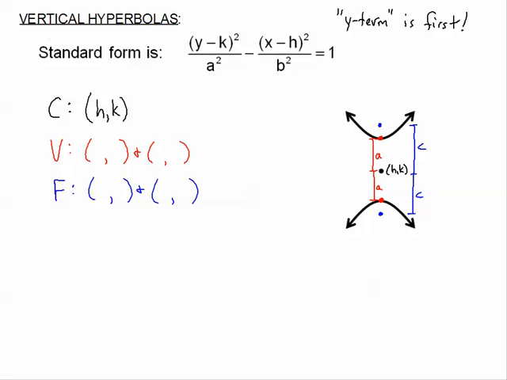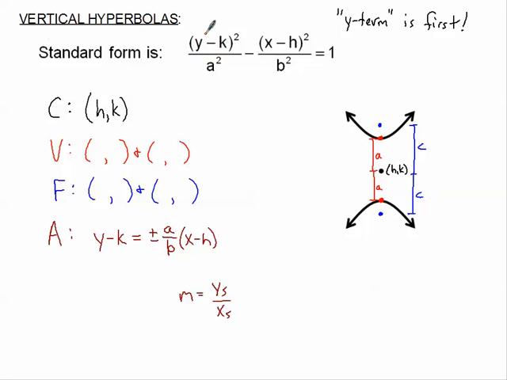And my asymptotes, I'll just label that with a big A, it's still y minus k, not quantity squared, of course, we're talking about a linear, plus or minus, this time, the slope is A divided by B. Now you might say, well, wait a minute, how am I supposed to remember that? Well, again, since slope is y's over x's, think about which number associates with the y.